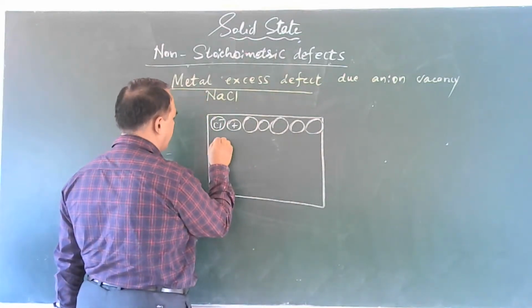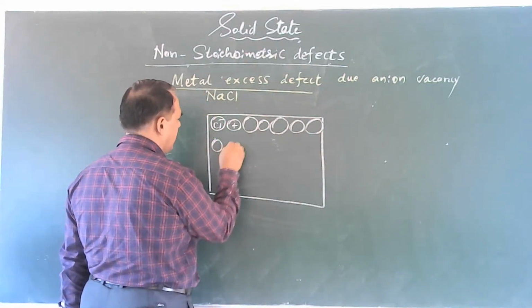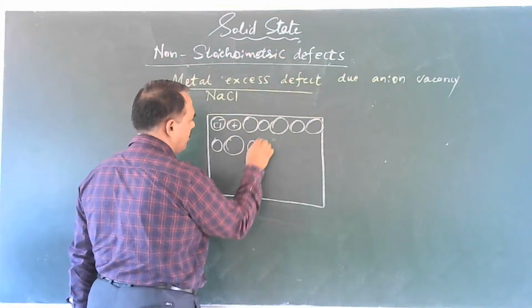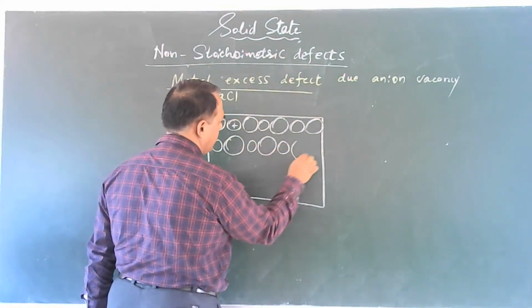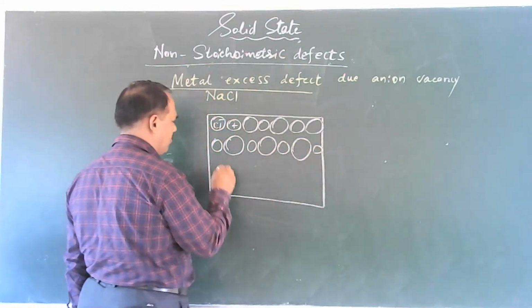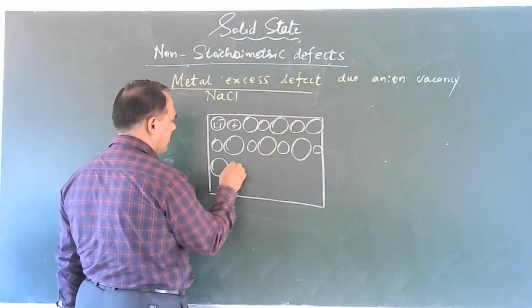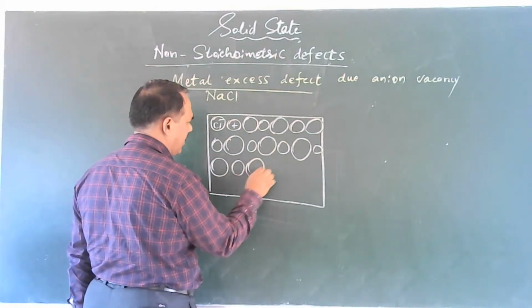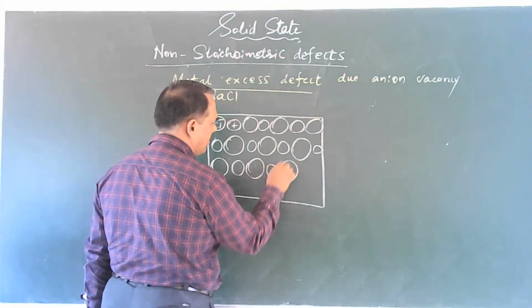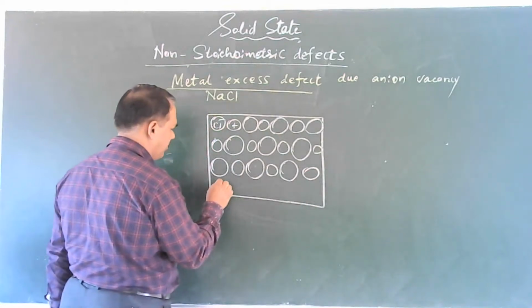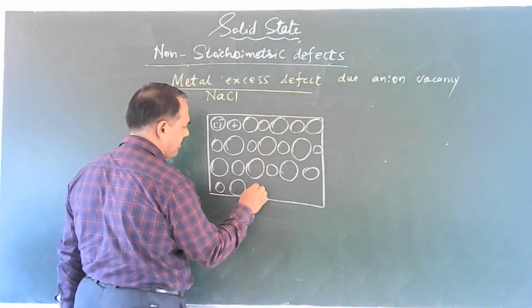Here again, one is smaller, one is bigger, smaller, bigger, like that it goes. Carefully observe the diagram.